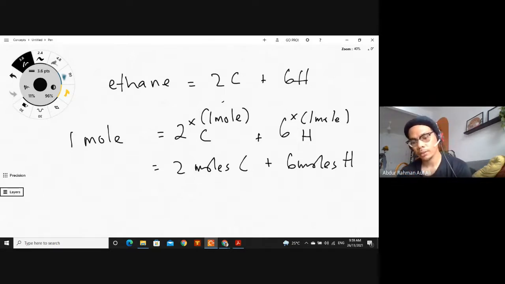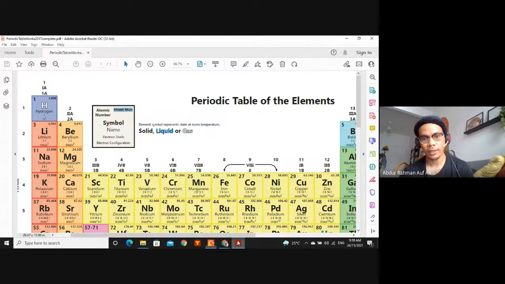Okay, so it is important that we know how many moles of something we have. In chemistry, it is important we know the amount of something in the terms of moles, in unit moles, because the values that we have in our periodic table ni adalah in unit moles.